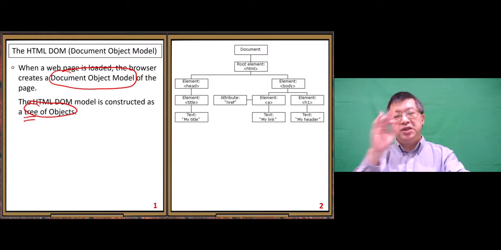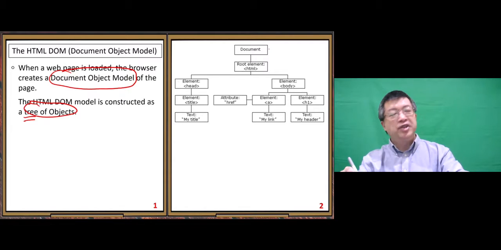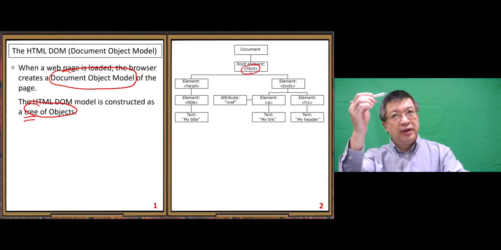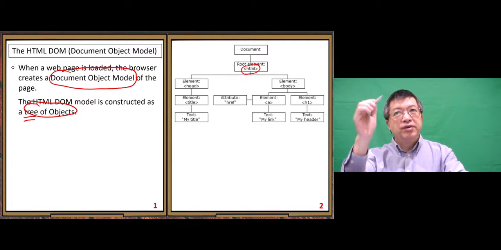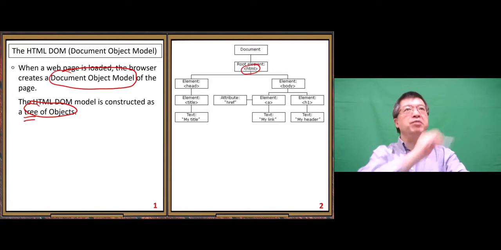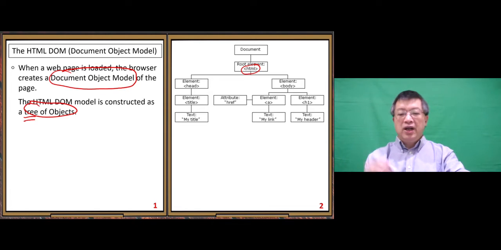On top, it's a document as the root. Under the document, you have the HTML tag. This is the root element of your HTML document. Then going down, you have other elements.